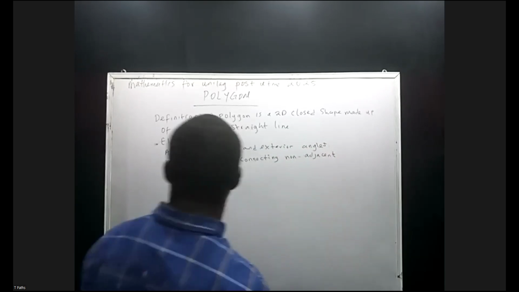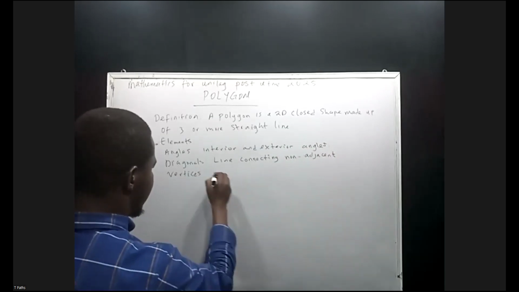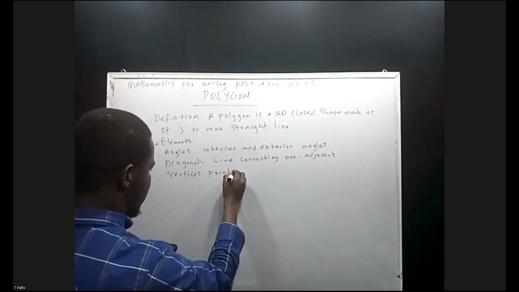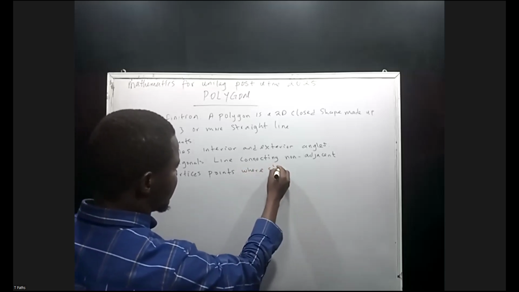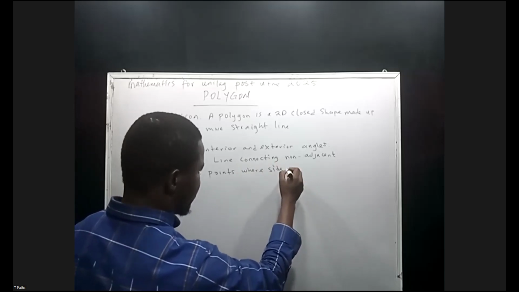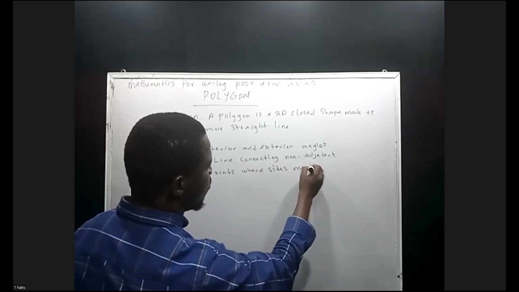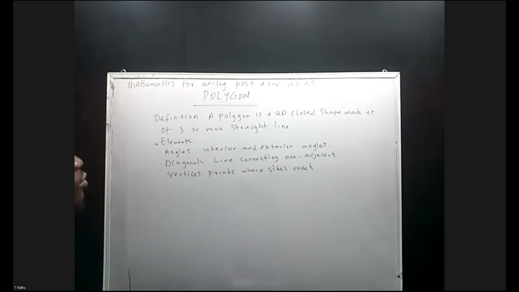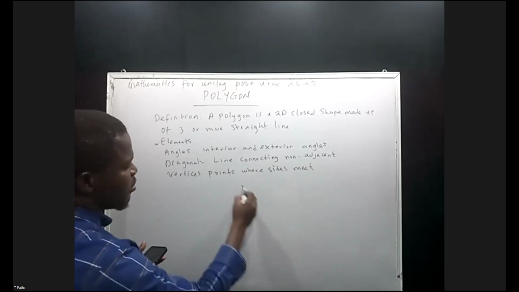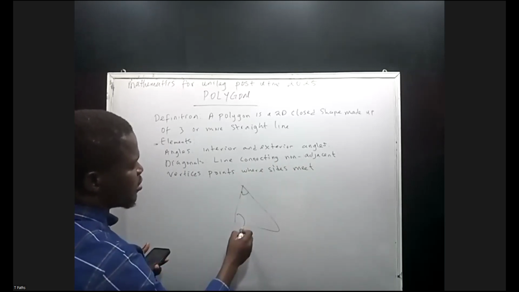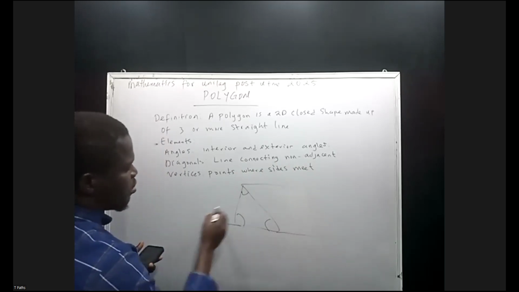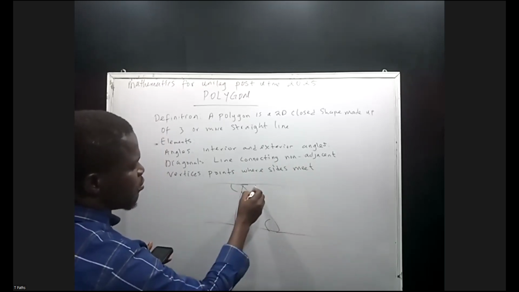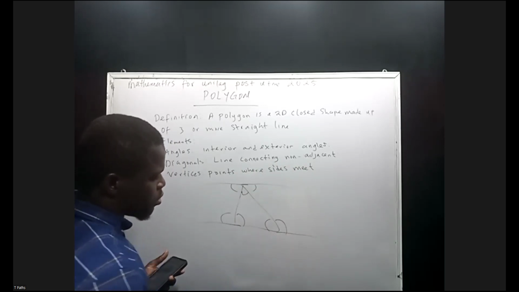The third one is the vertex, the point where sides meet. Now, what are interior and exterior angles? If you have a shape, these are interior angles, and the others are exterior angles.